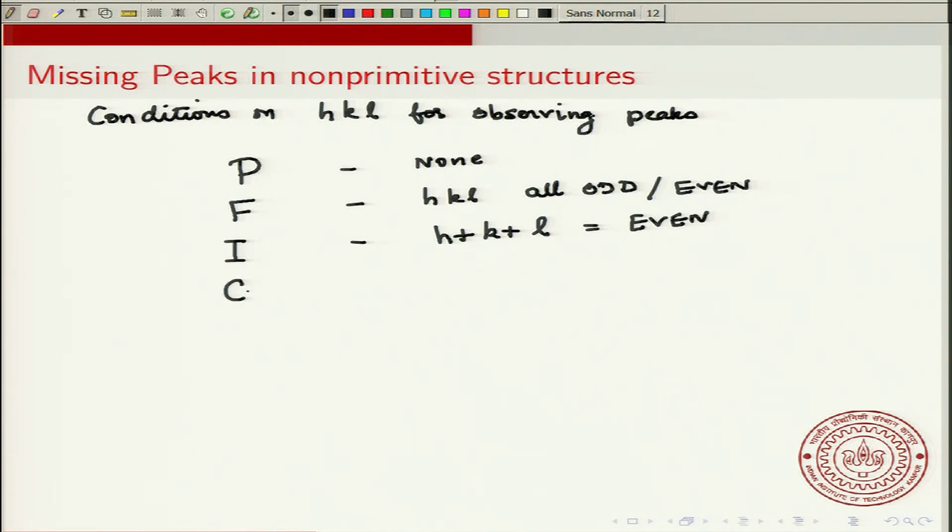For a C centered cubic, you have h plus k should be even.